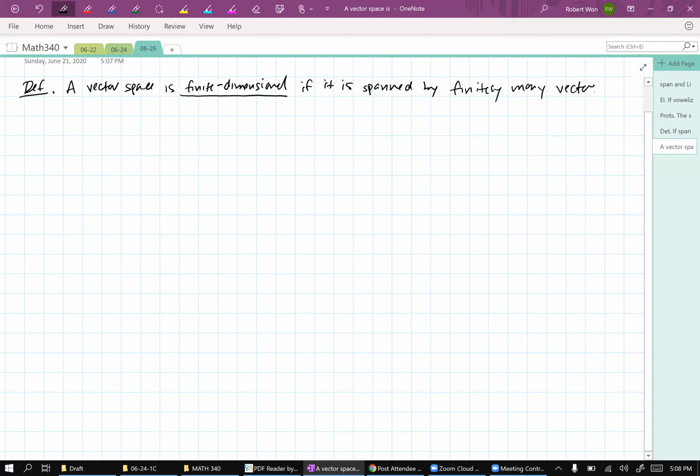In other words, there's a finite list of vectors such that every vector in the vector space can be written as a linear combination of that set. Okay, so otherwise, we say that the vector space is infinite dimensional. Okay, so this now has a very precise mathematical definition. If there is a finite list of vectors that spans it, it's finite dimensional. If not, it's infinite dimensional.